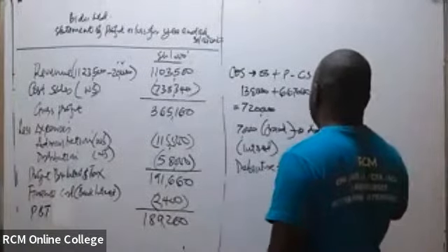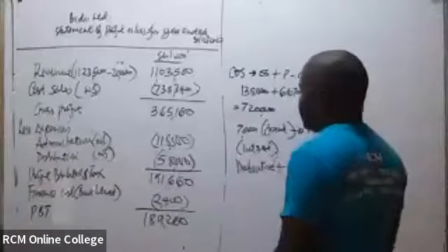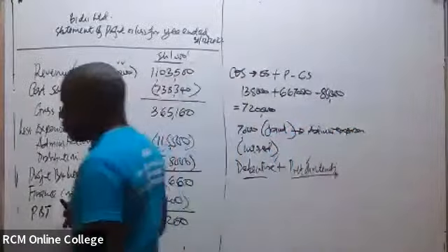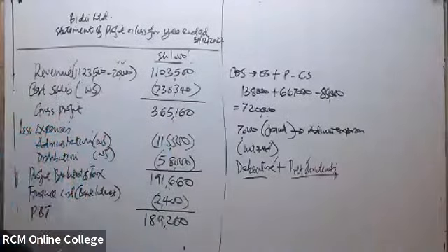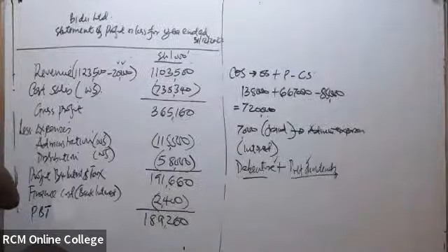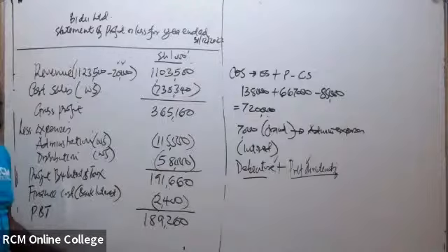But now here we don't have these ones. We just have the bank interest, so it becomes our finance cost. The finance cost is normally comprised of any form of interest that the company might have had to pay. So that gives us profit before tax of 189,260.